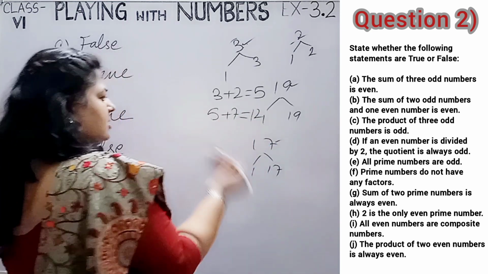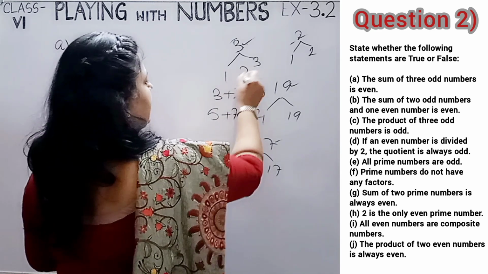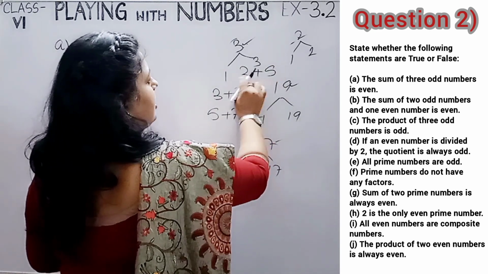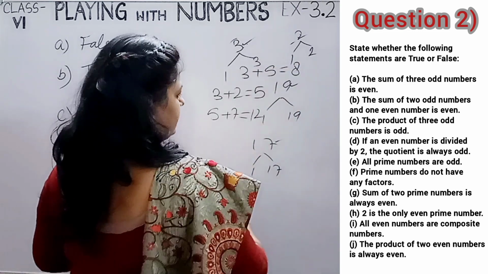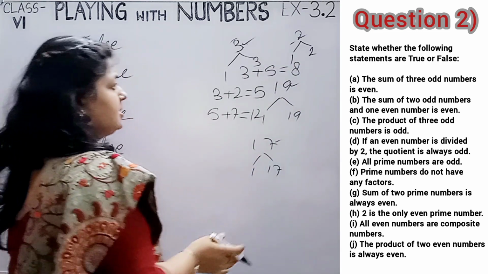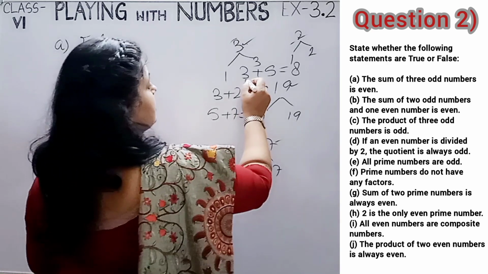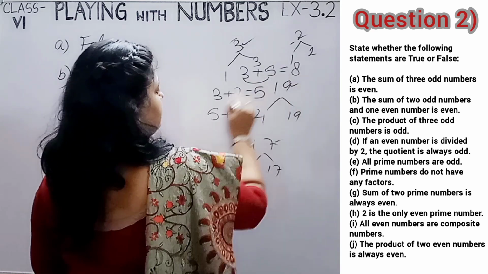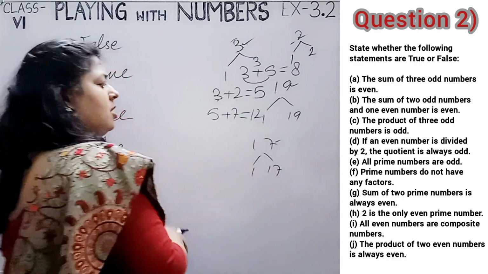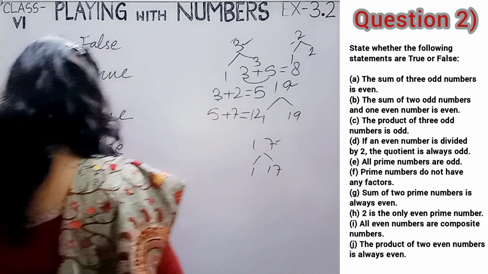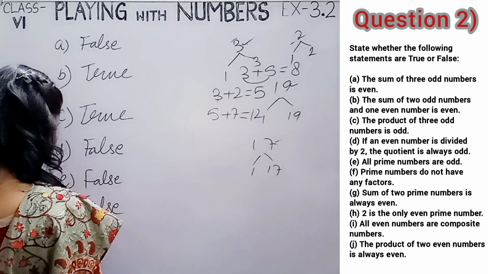If I add another one, any other 3 and 5, this is our prime number. If I add, I get even. But the statement is false, because when we add 3 and 5 we have 8, 3 and 2 we have 5, 5 and 7, 12. So this is not all the time correct. So statement is false.